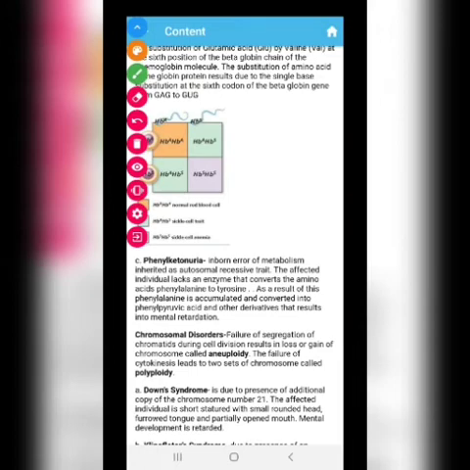When the person lacks the enzyme which converts phenylalanine into tyrosine, what happens is that phenylalanine becomes higher in amount in the body.